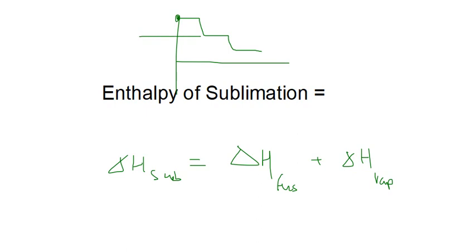This would be the point at which it vaporizes, and this is going to be the point where it freezes or solidifies. So if it goes straight from here to here, it would be like this, right? So it would be this section plus this section equals this section.